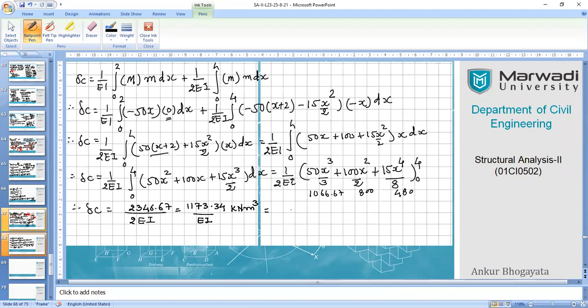So now it's the right time to employ the rest of the values. 1173.34 into 12 divided by 6 to the power 13. So let's divide it further. So it is 195.5.